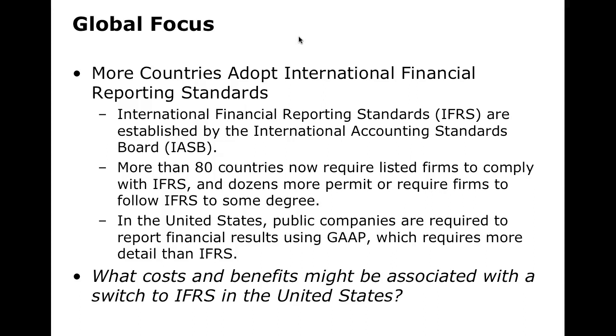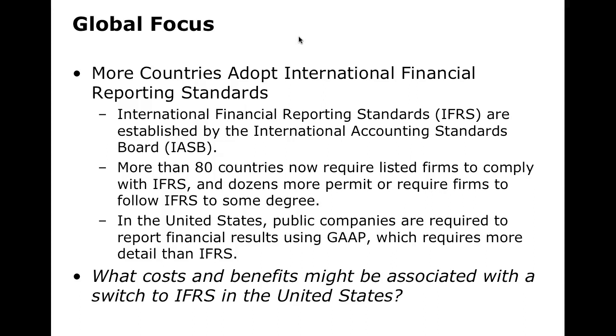Now, in a global focus, there are International Financial Reporting Standards and the International Accounting Standards Board, which help set guidelines and regularity on financials for companies that are more international. So it's not uncommon that a company may keep its books according to GAAP, but if it has a significant number of shareholders outside the country where its main record keeping is produced, it may also want to meet the International Financial Reporting Standards.